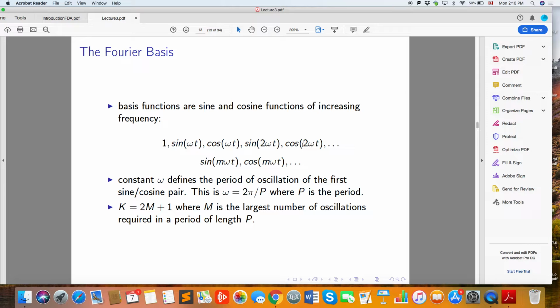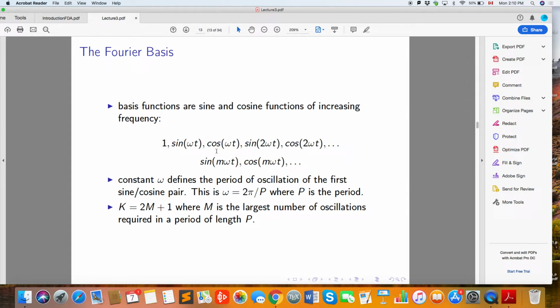Here omega is defined by the period of this oscillation process: omega equals 2 pi over p, where p is the period of the oscillation. For example, if we believe the temperature has an annual oscillation, p will be 365. So when we approximate the temperature curve, we use omega equal to 2 pi over 365.